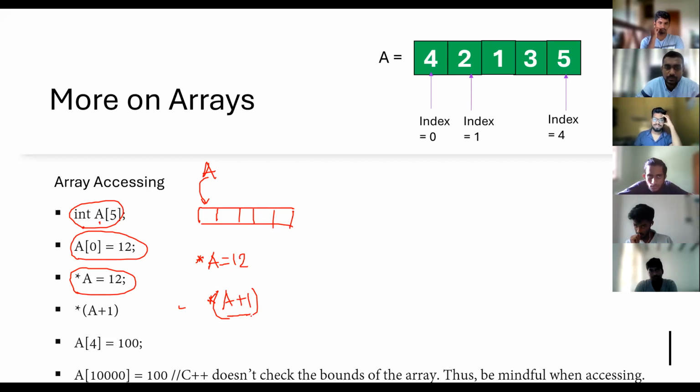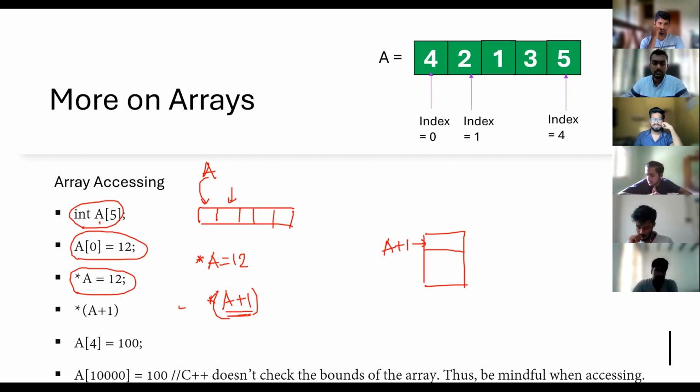Here, this is the address, and we are accessing that specific memory element. So this A plus 1 is pointing to this memory cell, the second element of the array. This is called pointer arithmetic, where we basically play with the pointer positions.